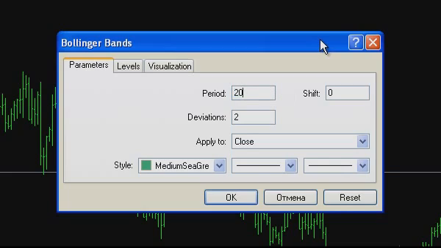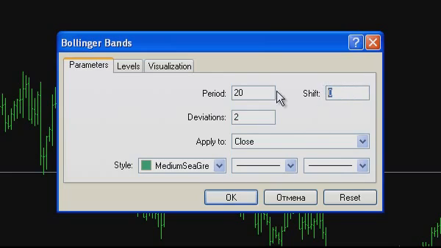This is the time period for which a standard deviation of the price line from the average one is calculated. 20 is a recommended and the most common value. Deviation is a parameter that determines how far away Bollinger Bands' boundaries are plotted from the simple moving average. This distance is measured in standard deviations. The most widely used distance is 2 standard deviations.